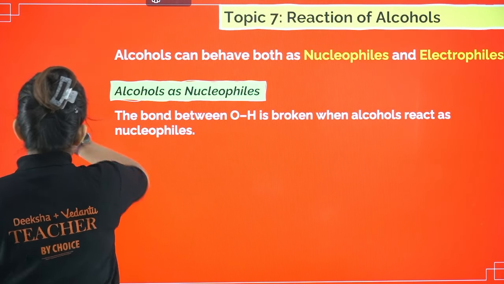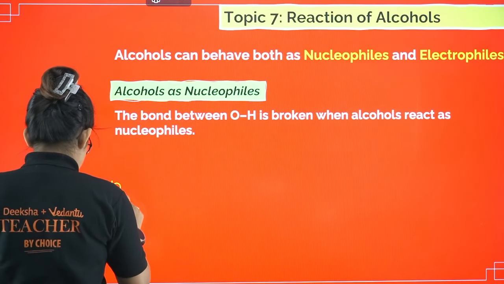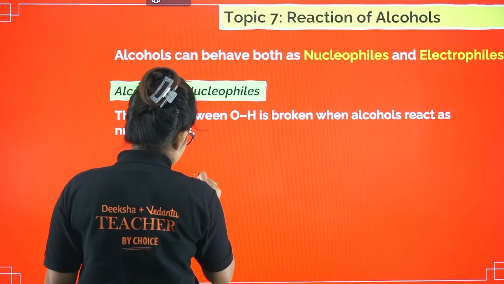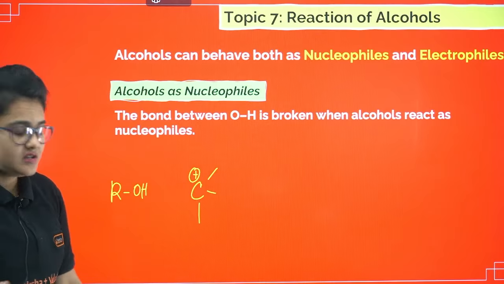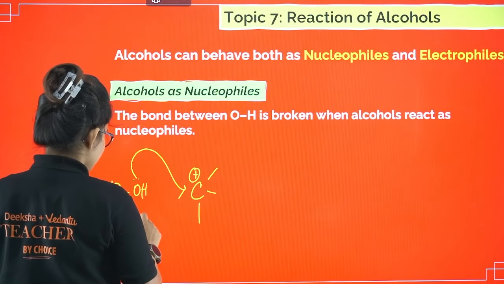See here, let's say I am having ROH. Let's say I am having one carbocation, maybe coming out of an SN1 reaction. So this OH can attack over here as a nucleophile.